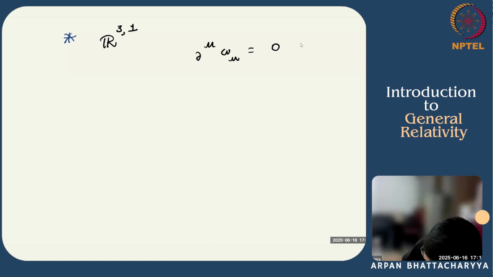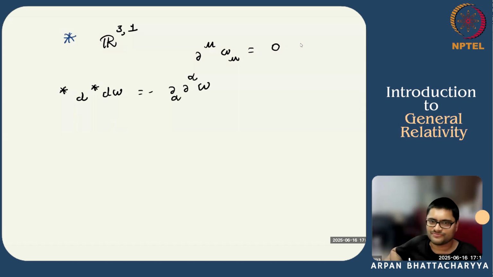Then you can show that if you take d of that, then take a star, and then take d, then take again a star, this will give you minus del alpha omega. Now this is nothing but the D'Alembertian in 3 plus 1 spacetime dimensions.